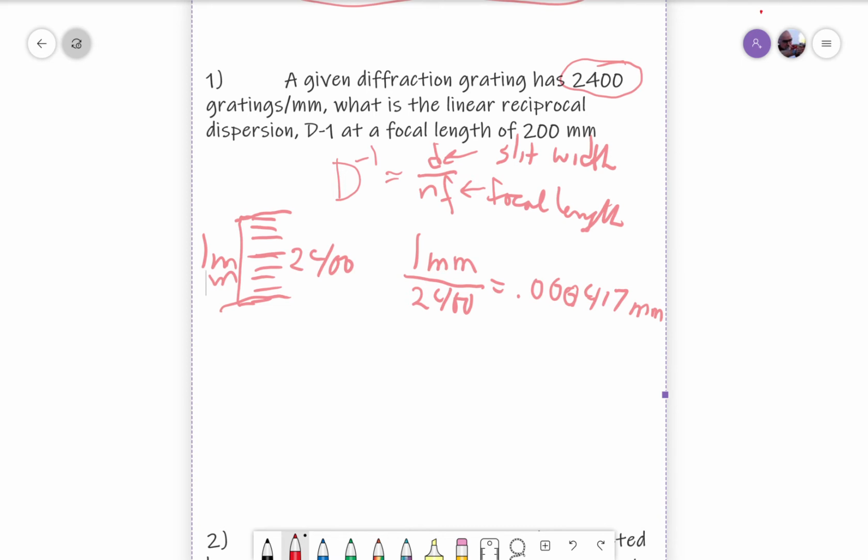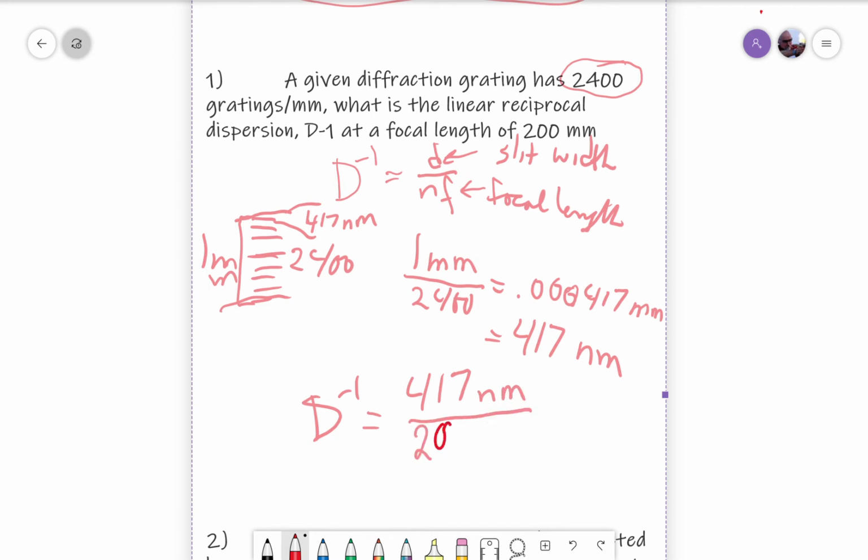Or if you remember that there's 1 times 10 to the sixth nanometers per millimeter, that means that each one of these slits is 417 nanometers wide. That makes solving this problem fairly easy then. D to the minus 1 is simply going to be 417 nanometers divided by the focal length, which was defined in the problem at 200 millimeters.